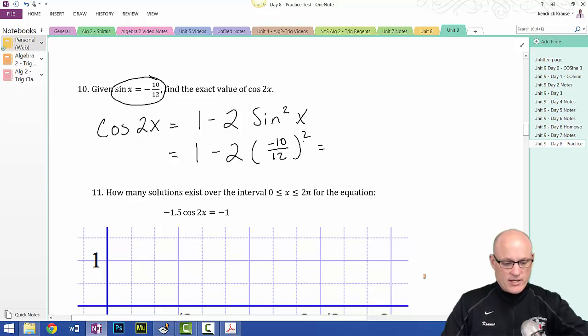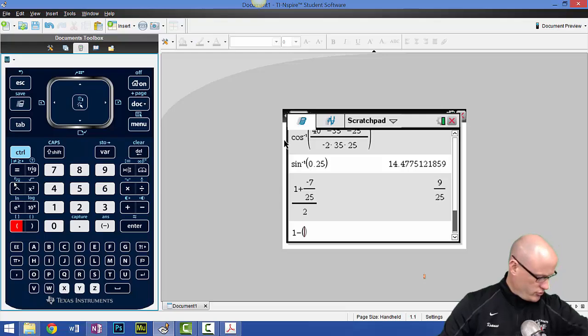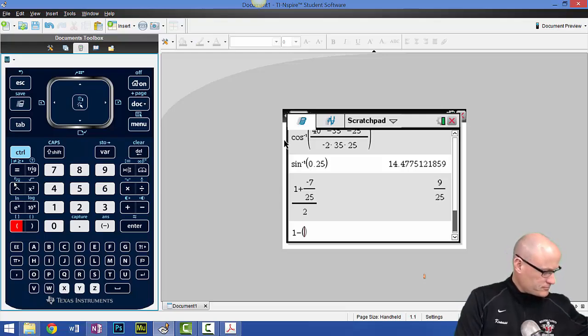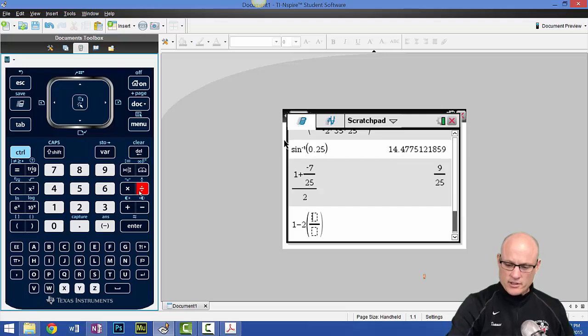Well, I'm just going to type that in my calculator. I'm not really sure what it is. It's 1 minus parenthesis, I forgot the 2, 2. And then we need a fraction, so control division. Negative 10 over, was it 12?